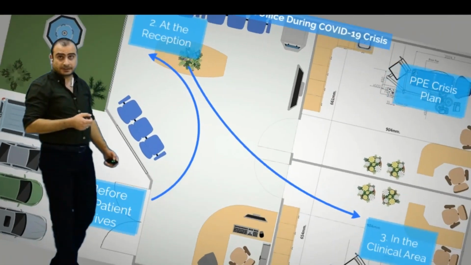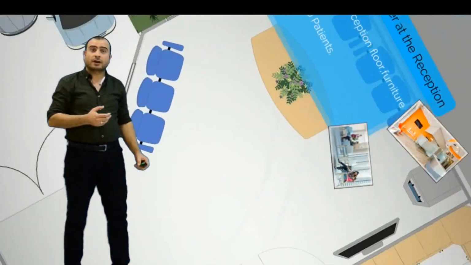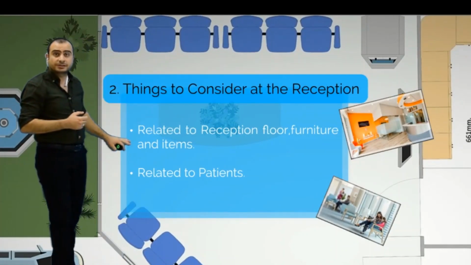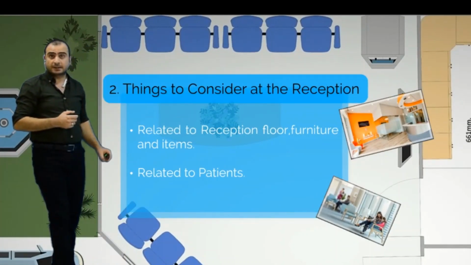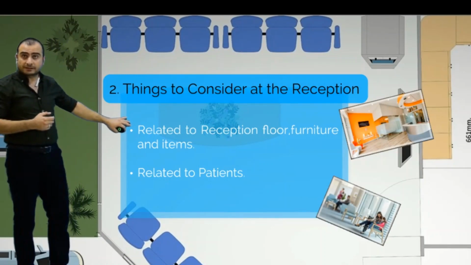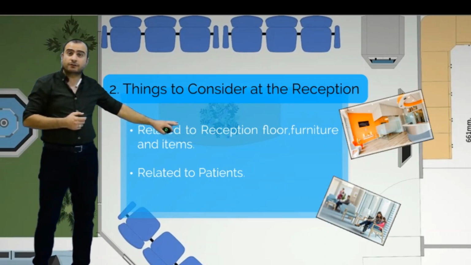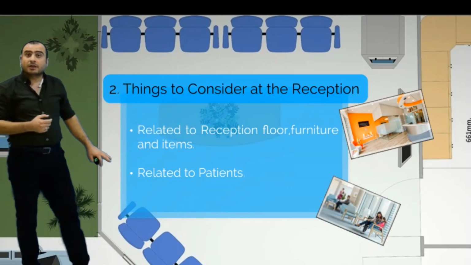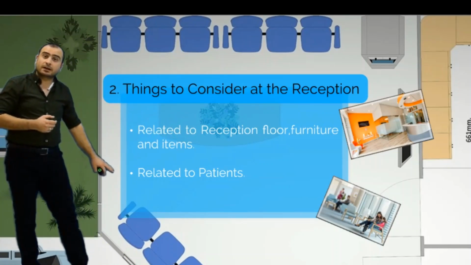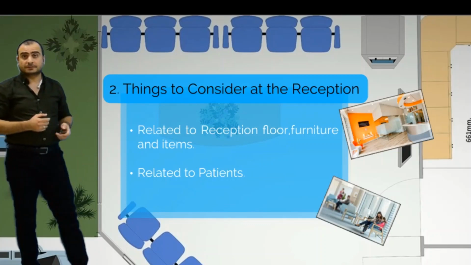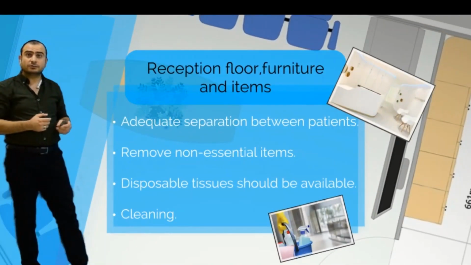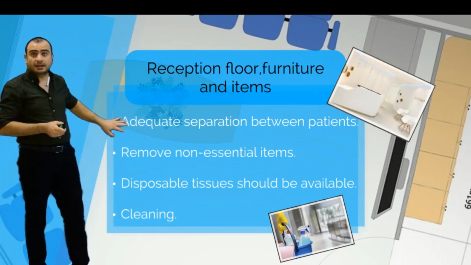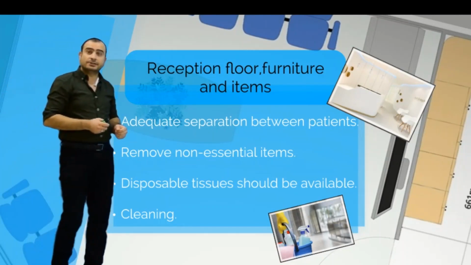When patients present to our clinic for urgent dental care, there are a few things to be considered at the reception. The first group of things is related to the reception floor, furniture and items. The second group is related to the patients themselves. In relation to the reception floor, furniture and items, there should be adequate separation between patients.